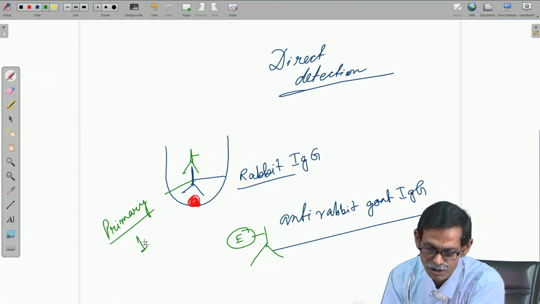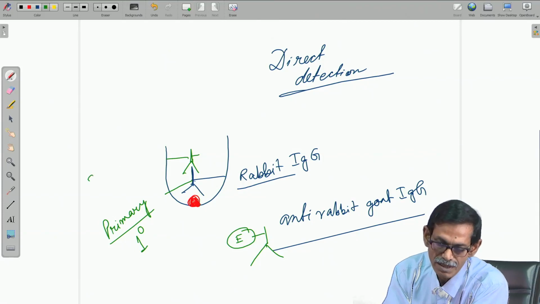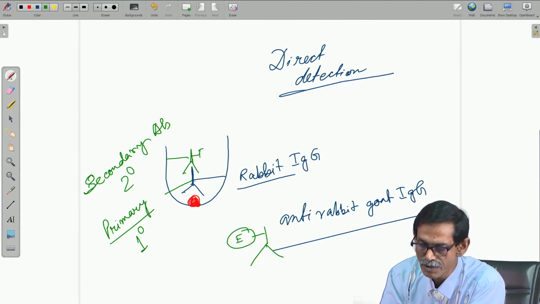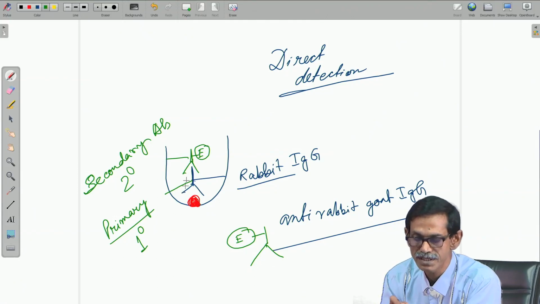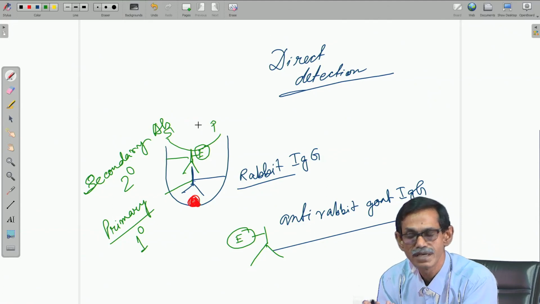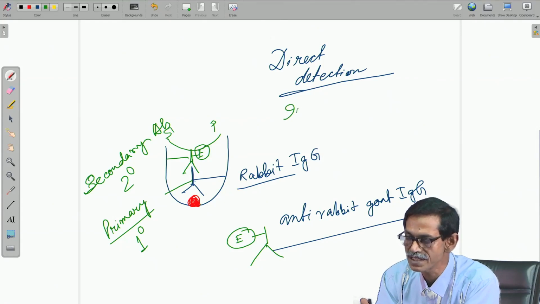This is the primary antibody, also designated 1 degree, and this is called the secondary antibody, or 2 degree. So, this secondary antibody is enzyme linked. Now, just one step extra and 1 hour extra, then it is the same. Now, if you give substrate, it will give product, you will get color. And this kind of using a secondary antibody to do ELISA is called indirect detection.